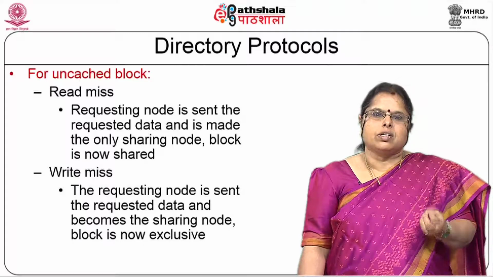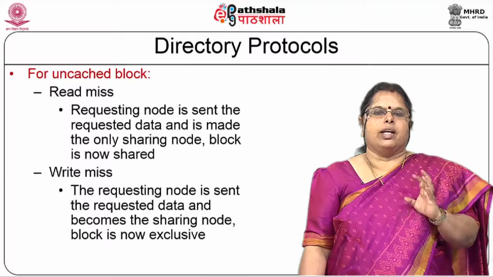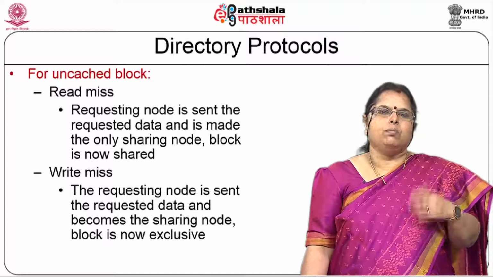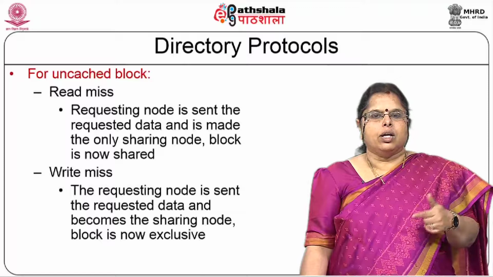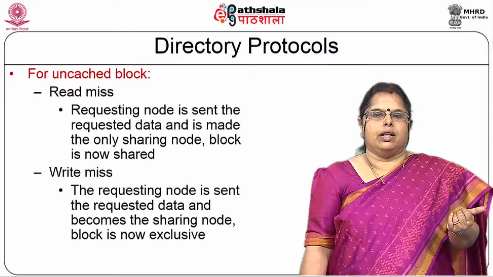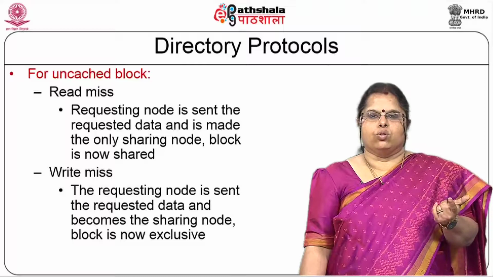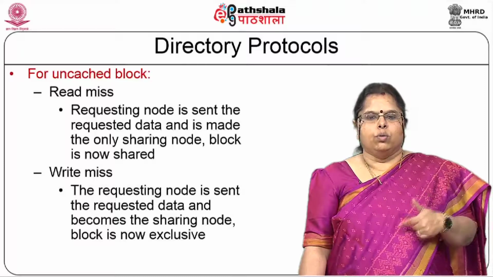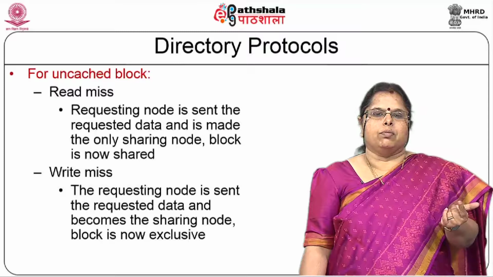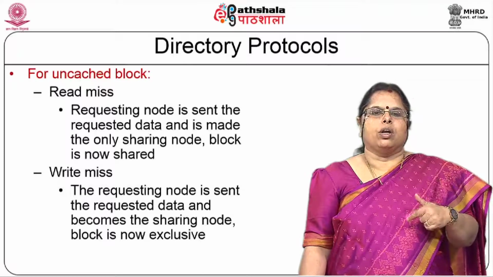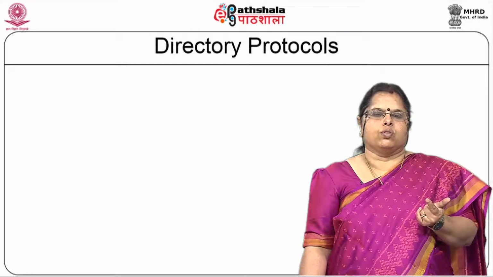So, this is the first cache controller to share, to read that block. And if it is a write miss on an uncached block, the requesting node is sent the requested data and it becomes the sharing node. The block is now exclusive, because that is the first node that is reading this information and it is doing a write operation on it. So, it now becomes exclusive.